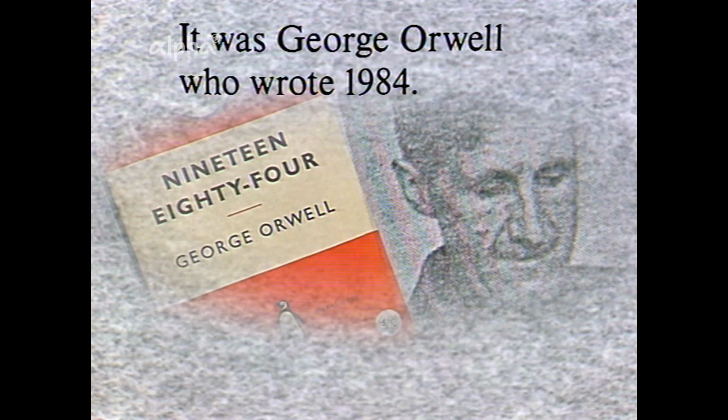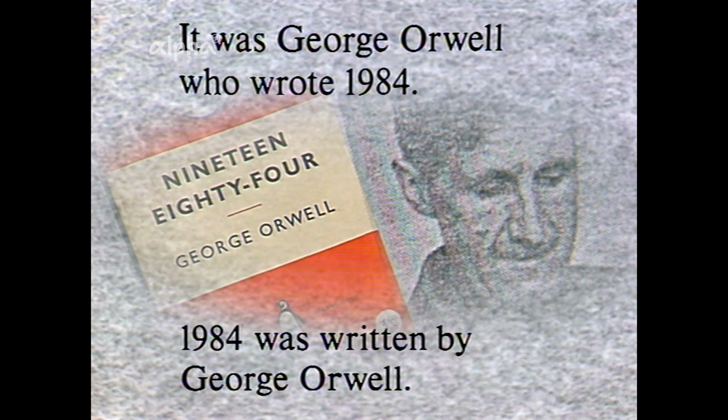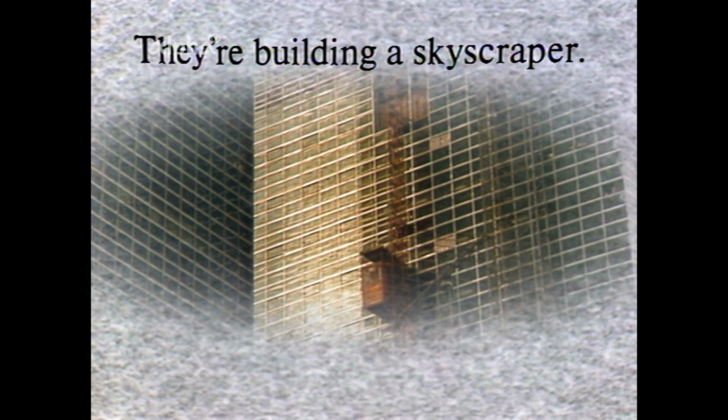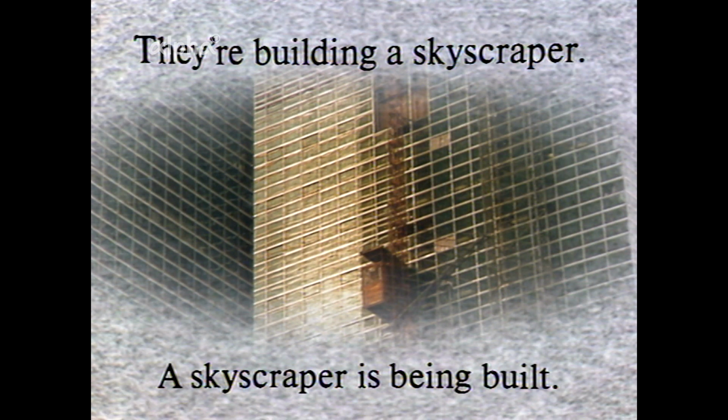And your sentence in the passive? 1984 was written by George Orwell. They're building a skyscraper. A skyscraper is being built. This is a typical example of a sentence where you wouldn't use the by phrase.